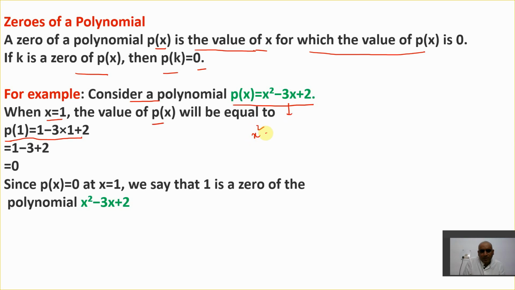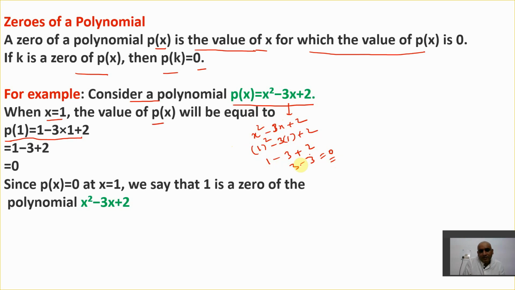This is x squared minus 3x plus 2, right? If I put x is equal to 1, it is 1 squared minus 3 into 1 plus 2. So that becomes 1 minus 3 plus 2. 1 plus 2 is 3, and 3 minus 3 is equal to what?